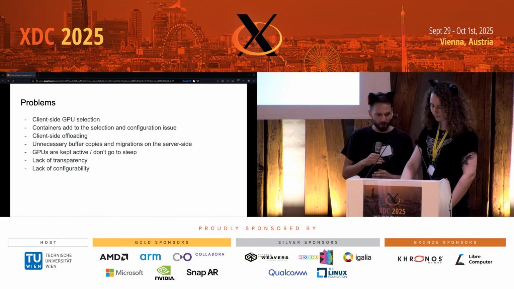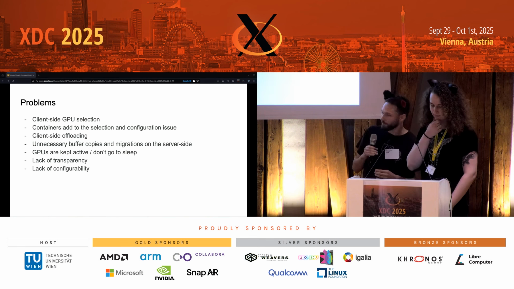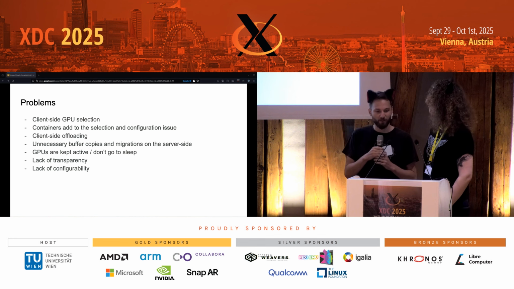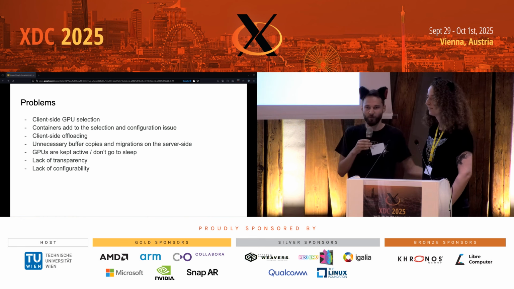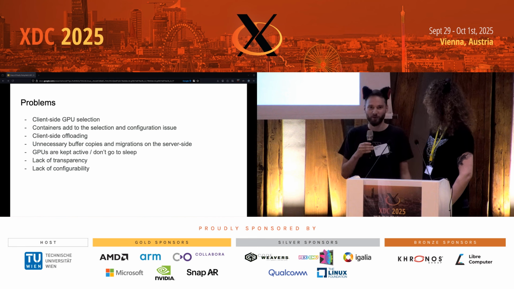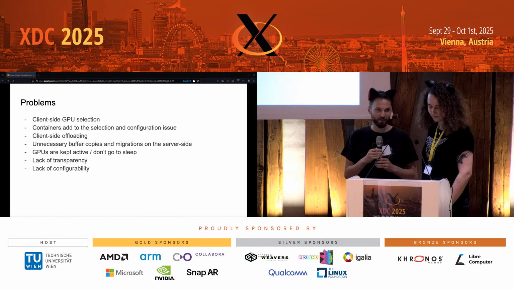And then the next point: what we can do is currently very limited. With current solutions you can basically only say, okay, use the default GPU or use the dedicated one. But if you have a third GPU in there, which one is it? You don't know. So it's all not very configurable or explicit.